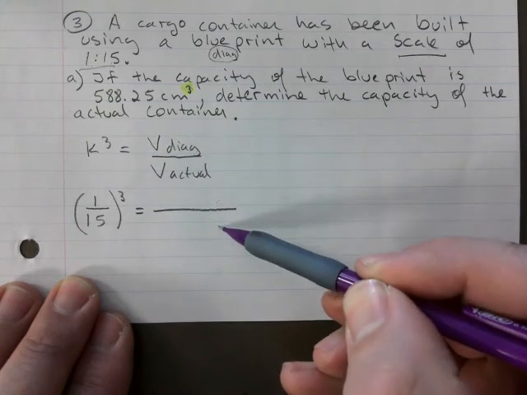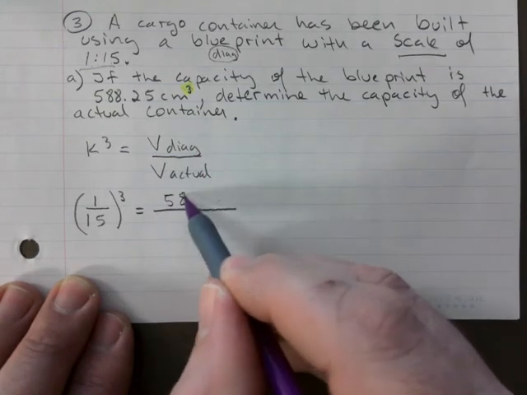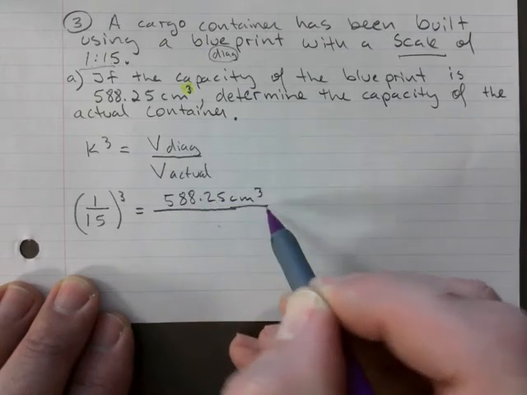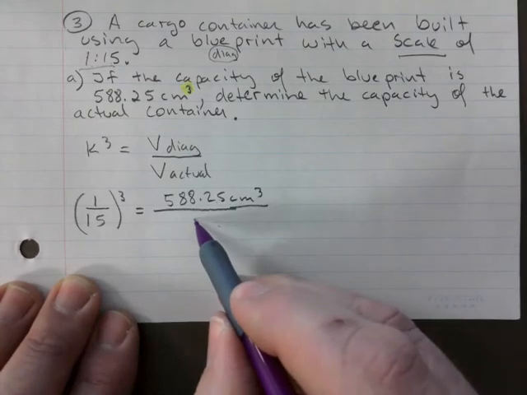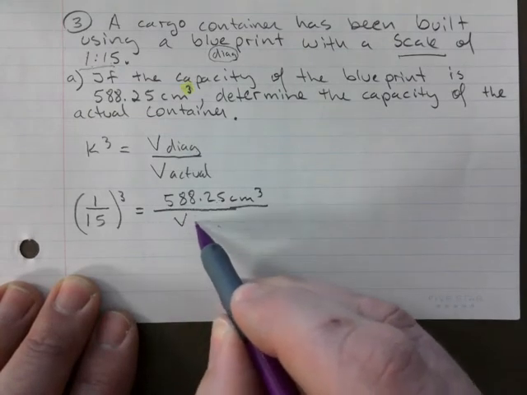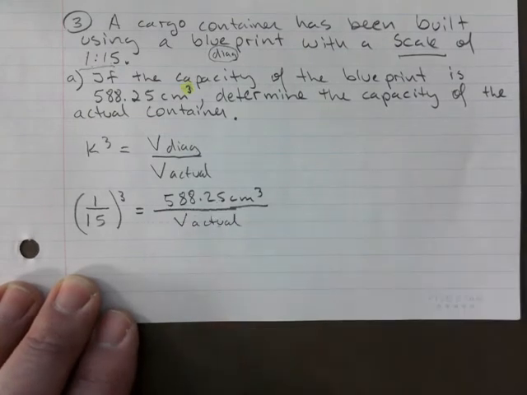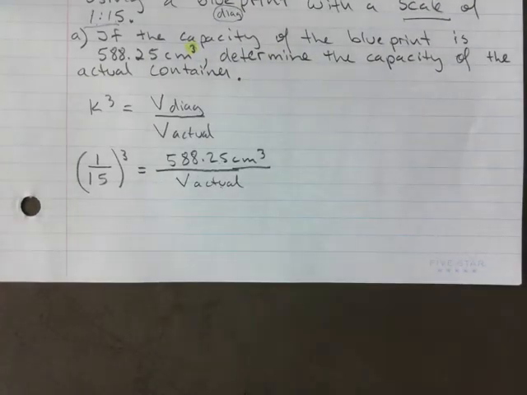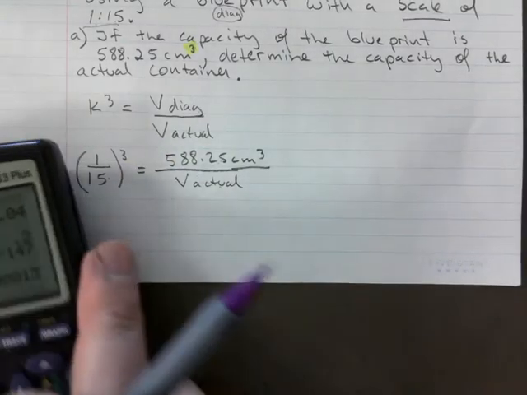Where am I going to plug this in? The volume of the diagram is provided, and it's in centimeters cubed. So you just need to figure out the volume of actual. So this will be a cross multiplying divide. There's no square rooting or anything like that because the scale factor is provided. Cube rooting, in this case, it would have been, because it's provided. So just go ahead and cube it.